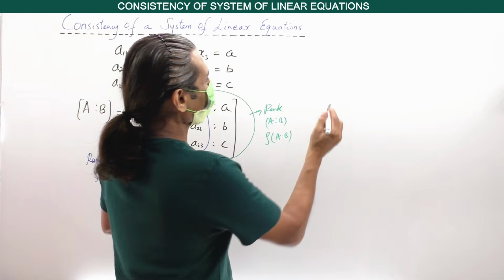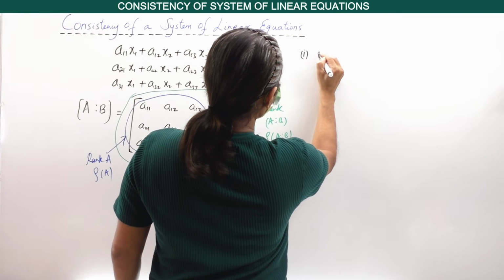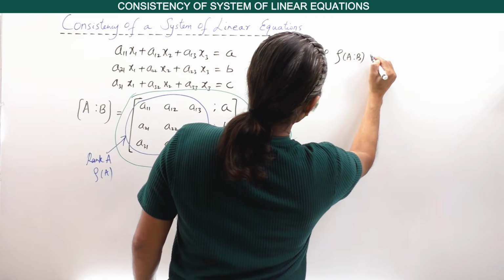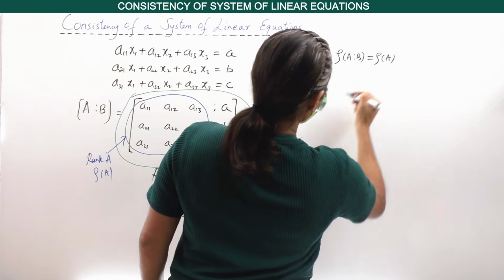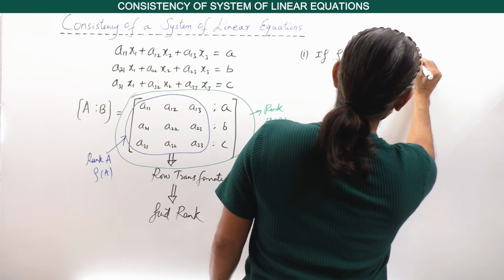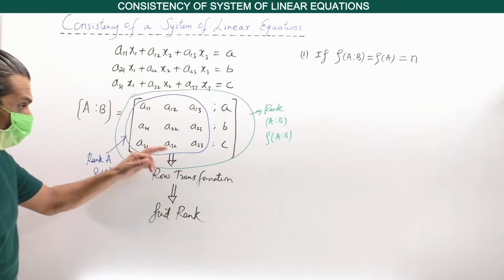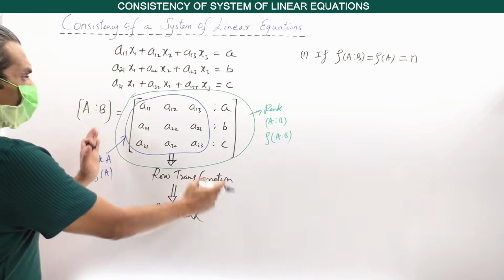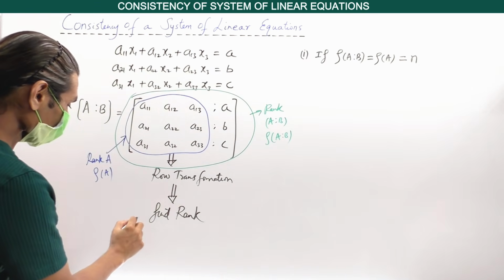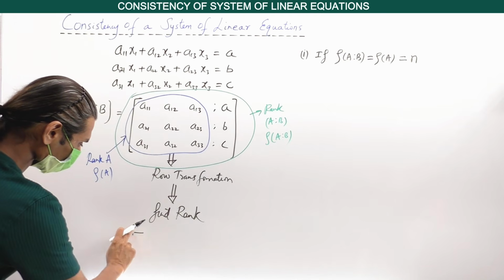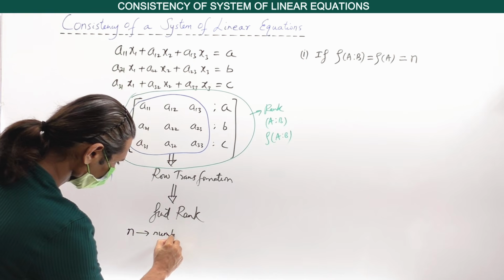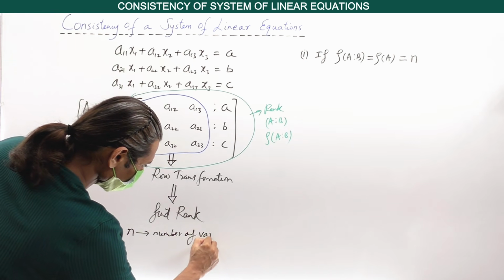So, the theory goes like this. First, if rank of A augment B equals rank of A, where rho means rank, and that is equal to n, where small n is the number of variables.